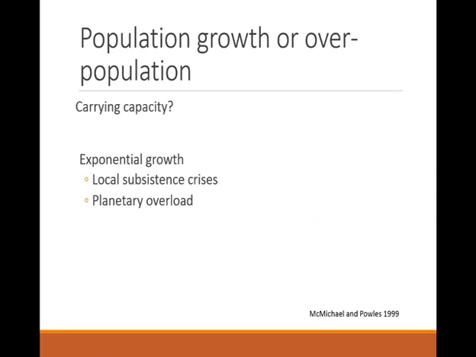So really, we've spoken briefly about population, but the question then is, is the issue population growth or is the issue overpopulation? So is there too many people or is it how quickly we're growing? So really when thinking about that question, we've got to look at the carrying capacity. Carrying capacity doesn't just refer to humans, it also refers to animals, any kind of species.